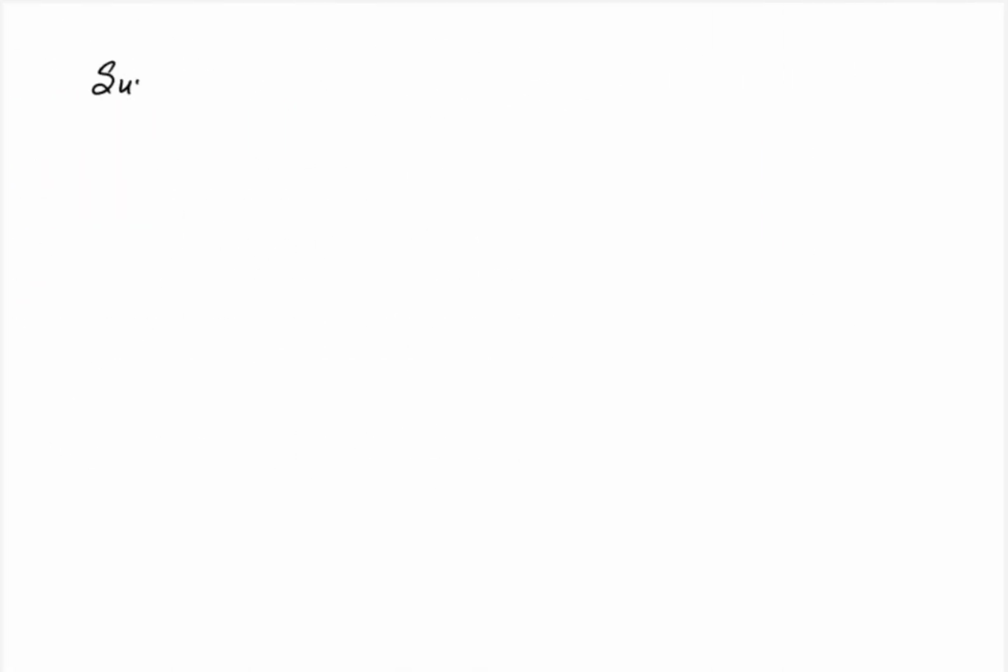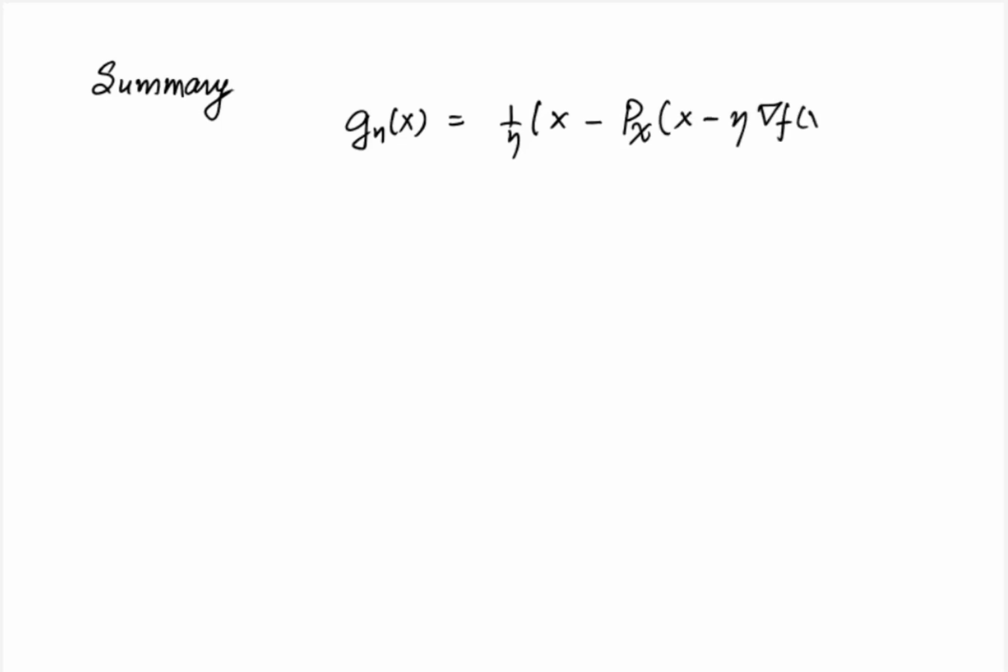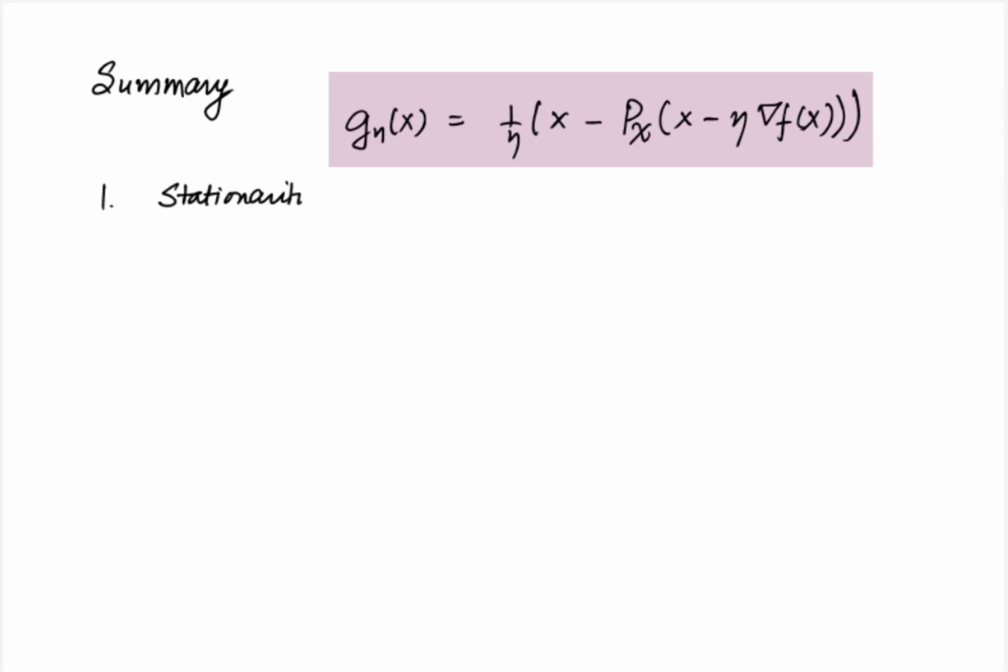So in summary, we have seen that the gradient mapping, which is defined as g eta of x equal to 1 by eta times x minus projection of x minus eta gradient f of x, serves as a useful proxy for gradient f of x and satisfies the following properties. So let me summarize all the properties. First, we have the stationarity condition, which is that g eta of x star is equal to 0.